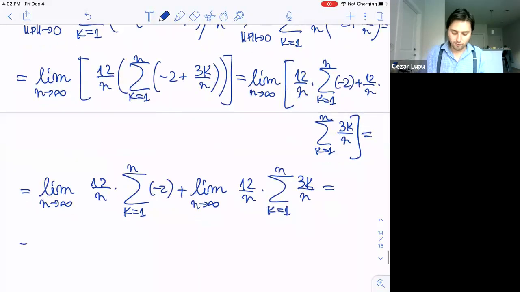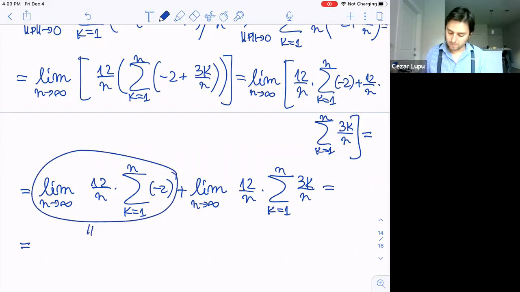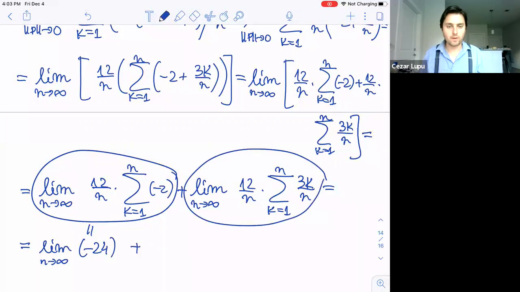Anyway, as we go further here, this guy here will give us, as n approaches infinity, the limit of -24. Well, this is a constant. Plus, this guy here will give us the limit as n approaches infinity of what?